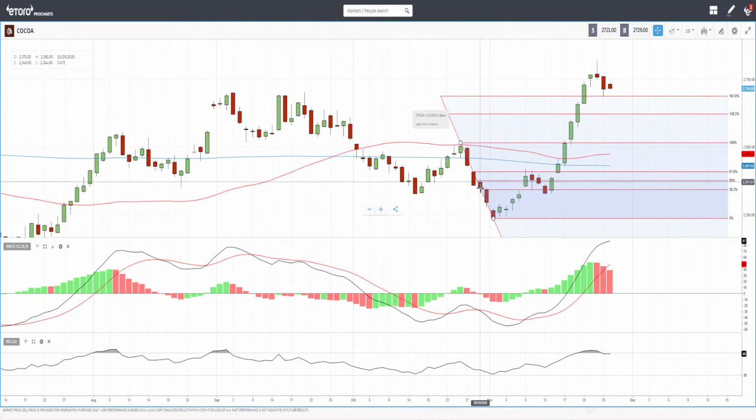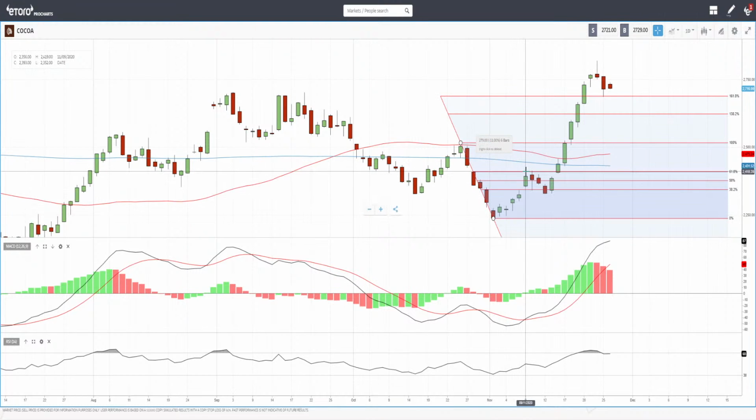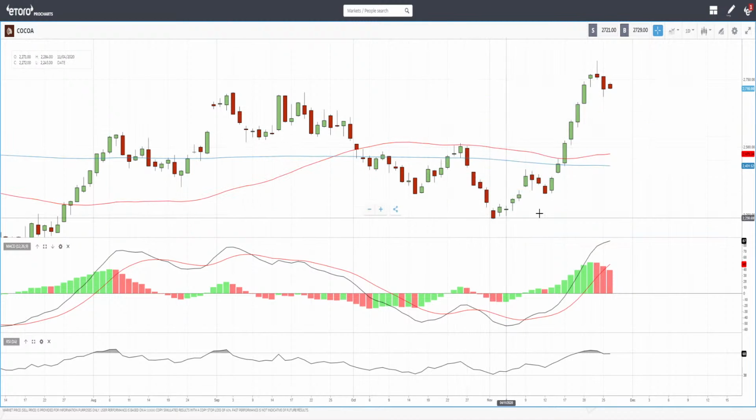If you had looked at this, you could have said, okay, I expect the price to go all the way up towards the Fibonacci retracement at 61.8. And you would be 100% right. This doesn't always work, but most of the time it does work. And I can have another course on why that is, because it's basically in the fabric of the world.